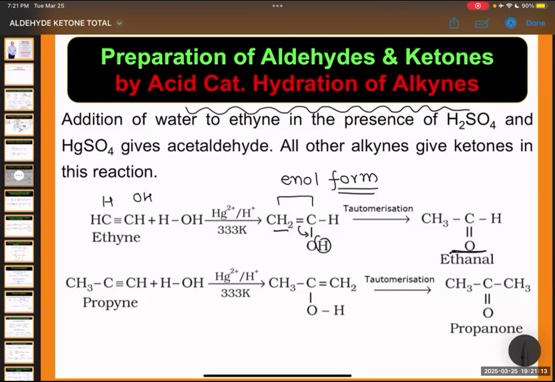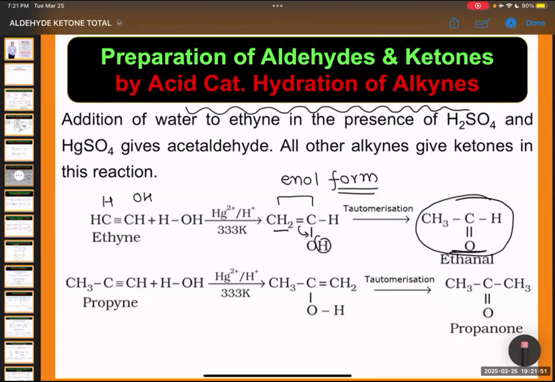This addition of water can be carried out using dilute H2SO4, just what we were doing for the preparation of alcohols also. But here, because there was a triple bond, you are not going to get an alcohol, you are going to get an aldehyde or a ketone. In this addition, Hg2+ acts as a catalyst. So you take HgSO4, H2SO4, or sometimes it is written Hg2+, H2O, sometimes HgSO4 aqueous, sometimes H2SO4, HgSO4.